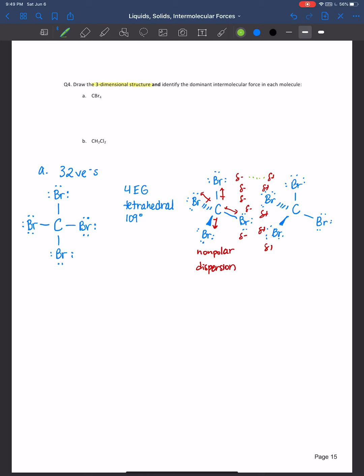we created these little temporary dipole moments, these transient dipole moments. And this is the dispersion force. Dispersion intermolecular force. Remember, always represent it as a dotted line.